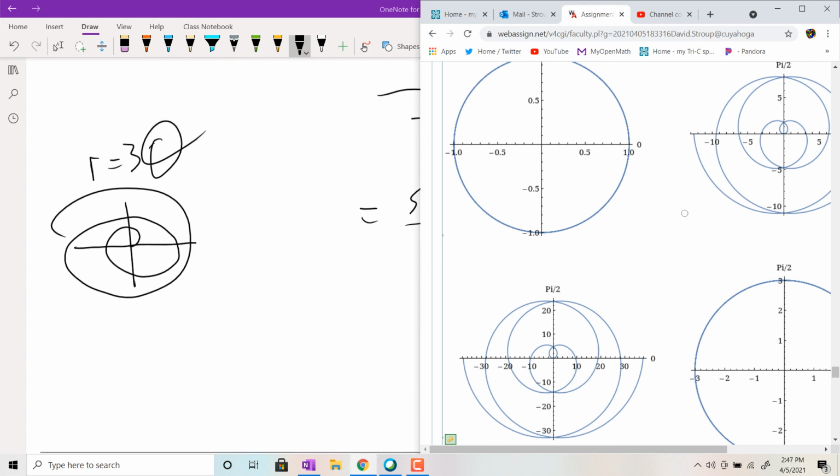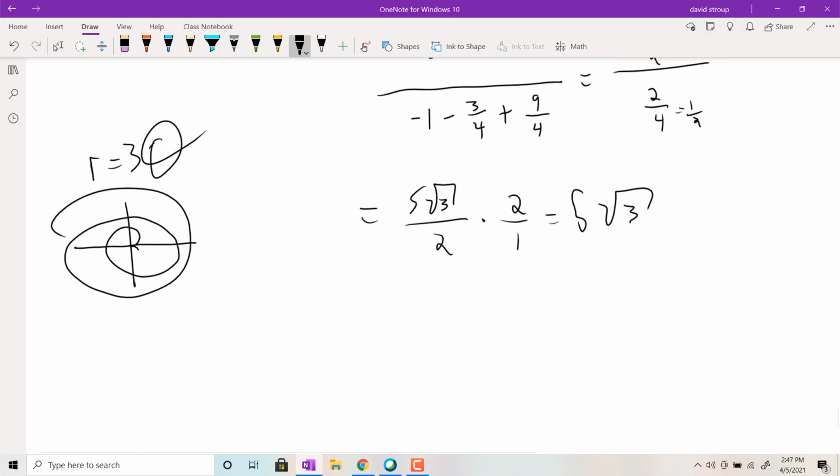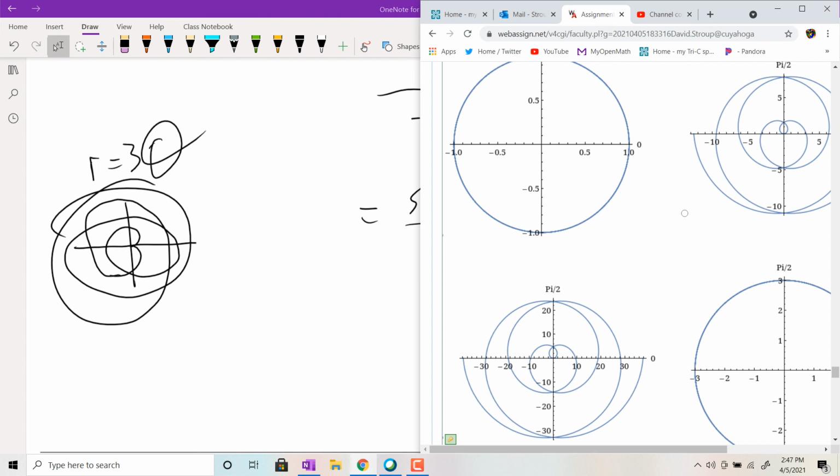So negative theta. So if you do it as negative theta, it's going to start going like that and then kind of spiral out like that. So you'll get either B, this one or this one. You can tell probably by the tick marks.